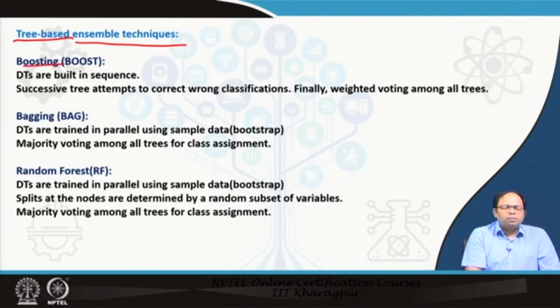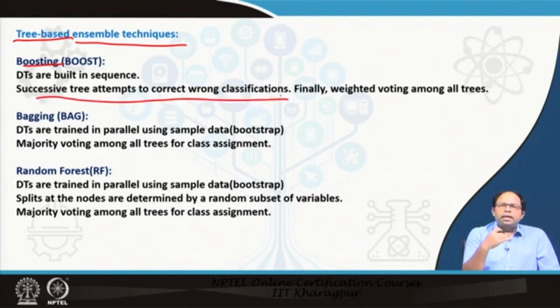This technique is basically boosting, where decision trees are built in sequence and each successive tree attempts to correct wrong classifications. So, we once build a tree, then we build another tree, then we build another tree. The successive tree attempts to correct the wrong classifications which were done by the previous tree, and finally, a weighted voting among all trees is taken to get the final result.